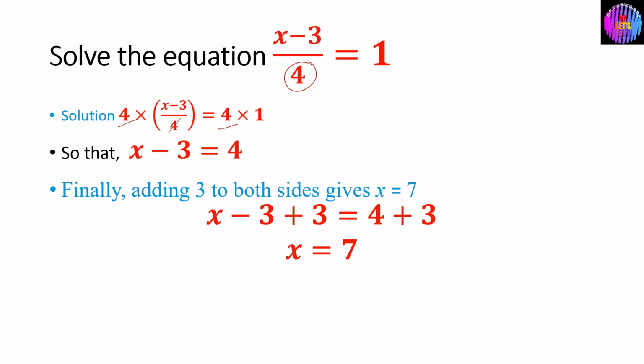So what will happen? The 4 cancels the 4 here, x minus 3 will remain in the left hand side, and 4 times 1 is 4 in the right hand side. So LHS is equal to RHS.